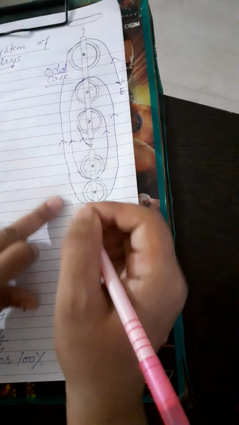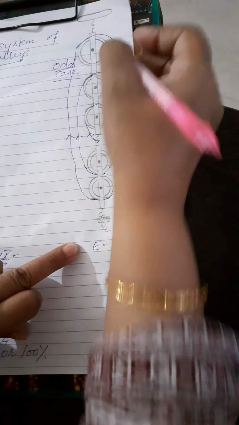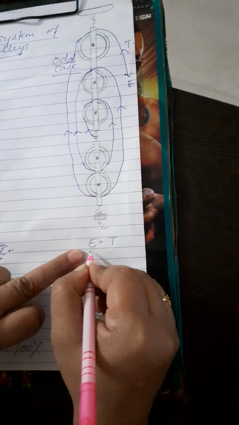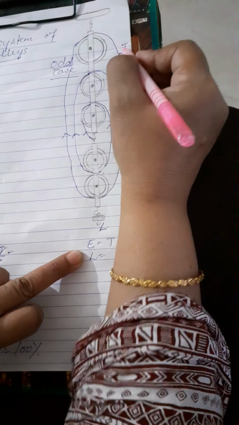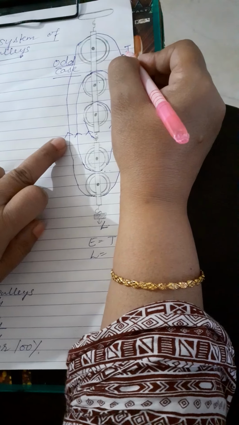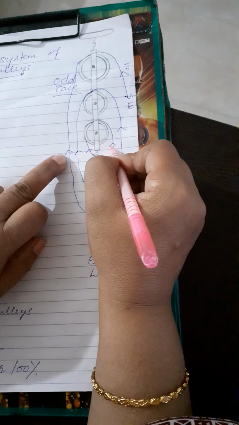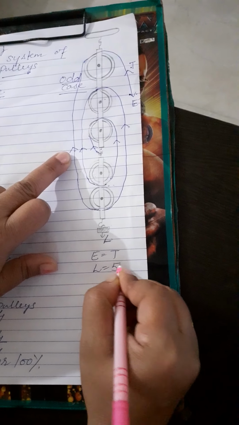Now again find the value of E. E will be equal to T. Please mark T also. Then this load will be balanced by the same again, don't count this tension. Then the rest of the strands 1 2 3 4 5. So load will be equal to 5T.